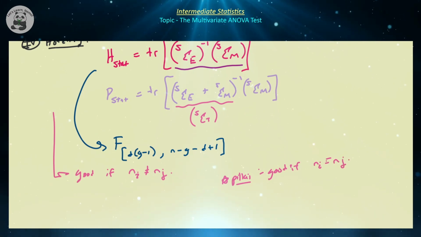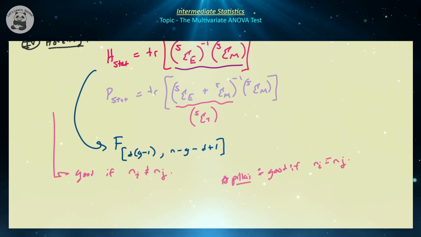And you might not remember why equal sample sizes are actually good for an ANOVA test, because you remember from the univariate test, if our sample sizes are equal to one another, which we usually call a balanced design, the statistical power for that particular test is actually optimized. So it's actually going towards that particular realm of theory.